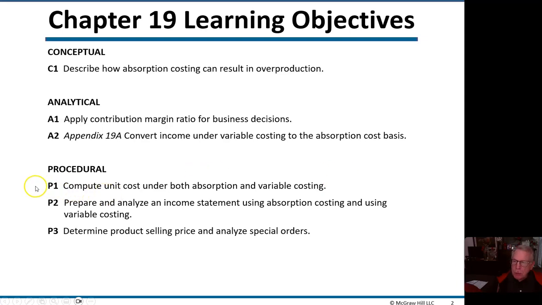So we'll compute our unit cost under both absorption and variable costing. We'll prepare and analyze an income statement using absorption costing and using variable costing. And we'll determine our product selling price and analyze special orders using this information.